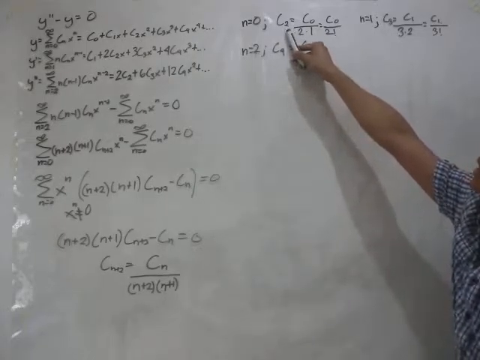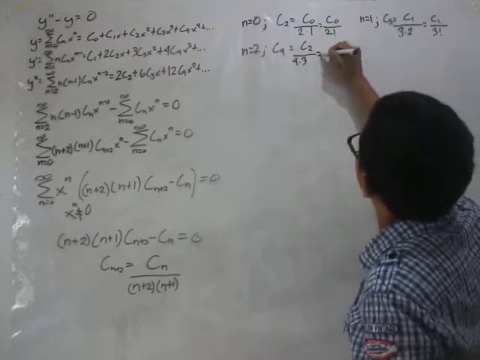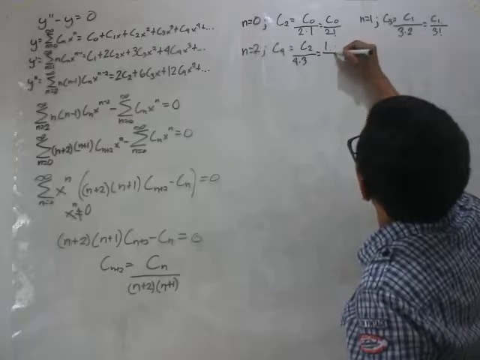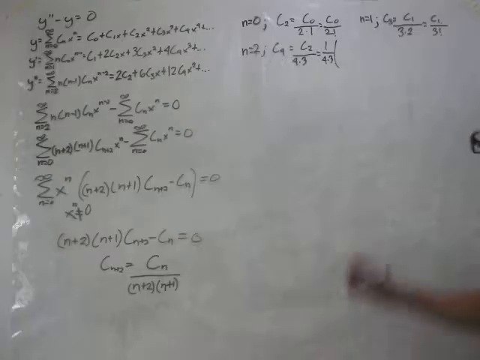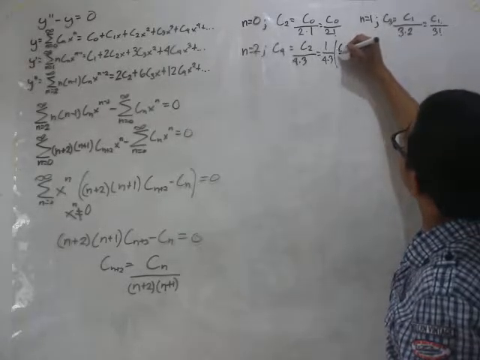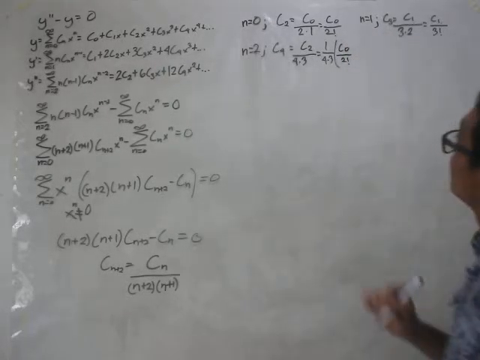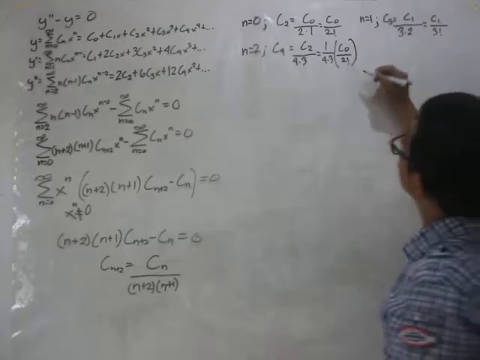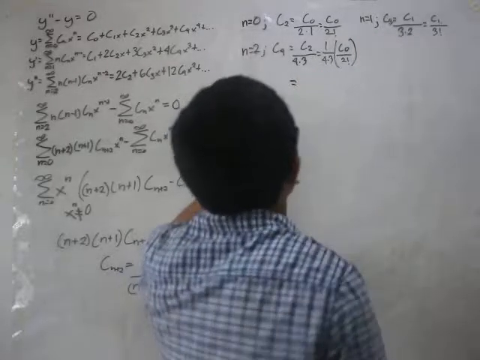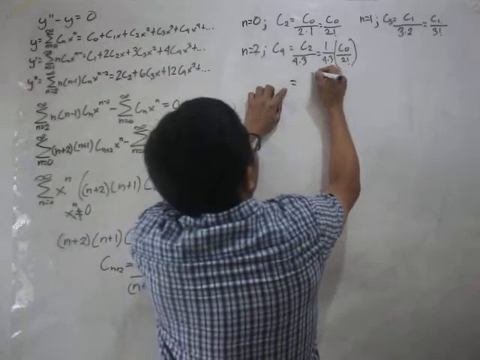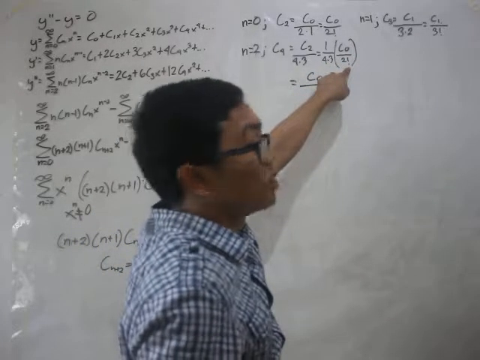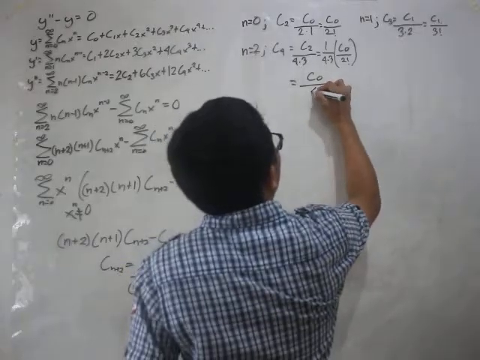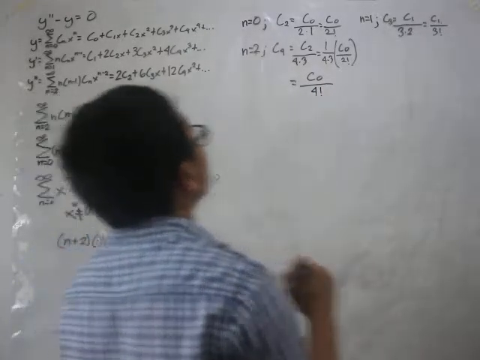But we have c2 here, so we need to substitute it. So we have 1 over 4 times 3 multiplied by our c2, which is c0 all over 2 factorial. So our c4 is c0 all over 4 times 3 times 2 factorial. That leaves us with 4 factorial.